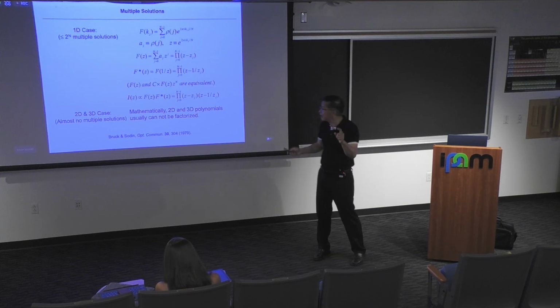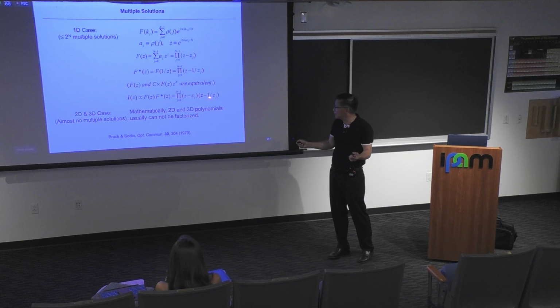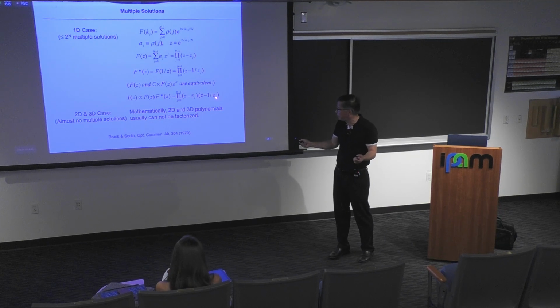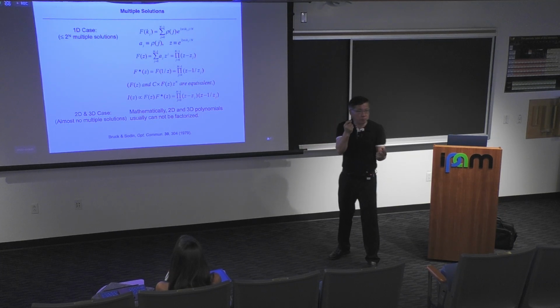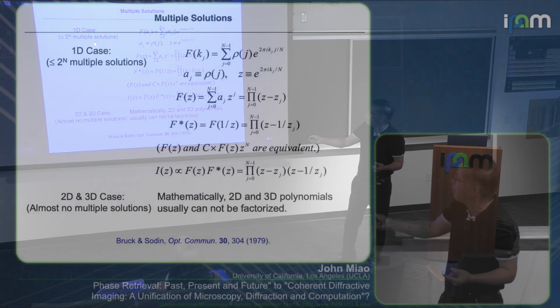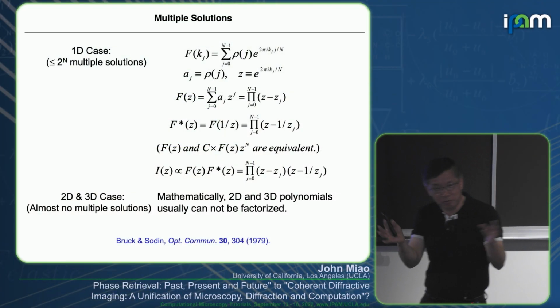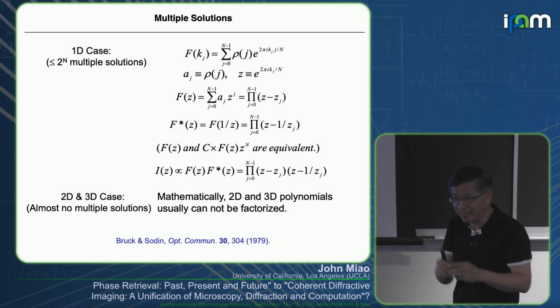So in this case, there are actually multiple solutions, because zj and 1 over zj are both solutions. So for each pixel, you can have two possibilities. So in principle there are 2 to the n multiple solutions. That's indeed the case.